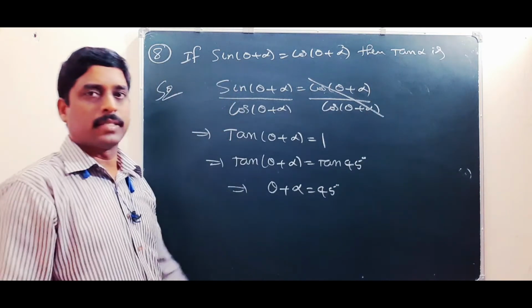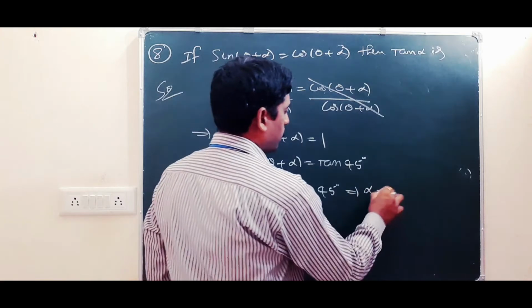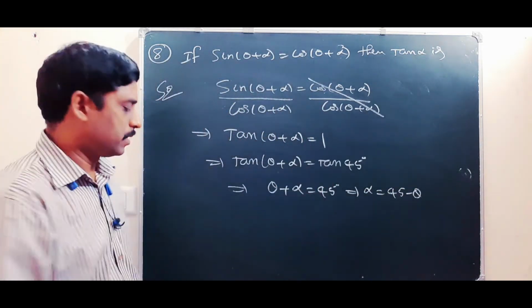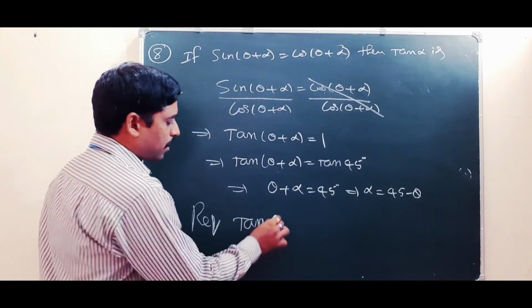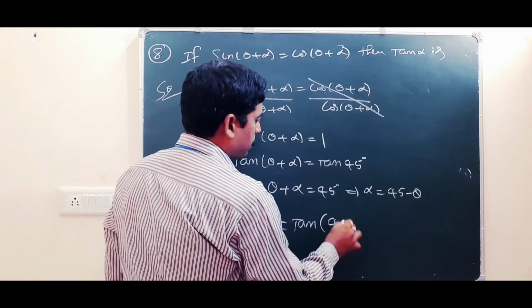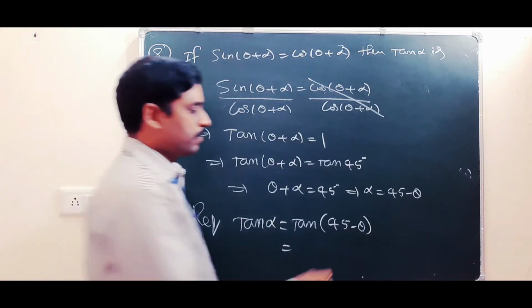But our target is tan alpha. Okay, from this equation alpha equal to 45 minus theta. What is required? So tan alpha. Tan alpha is equal to tan of 45 minus theta. We have the tan A minus B formula.